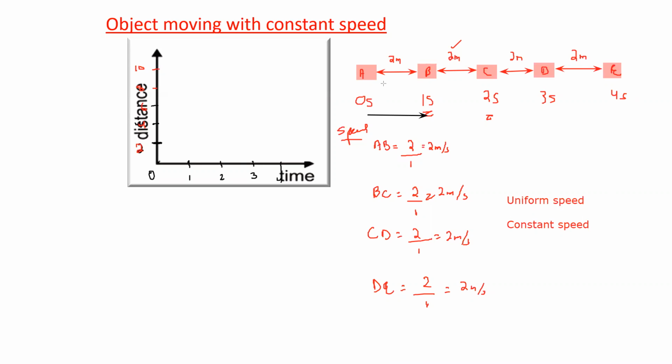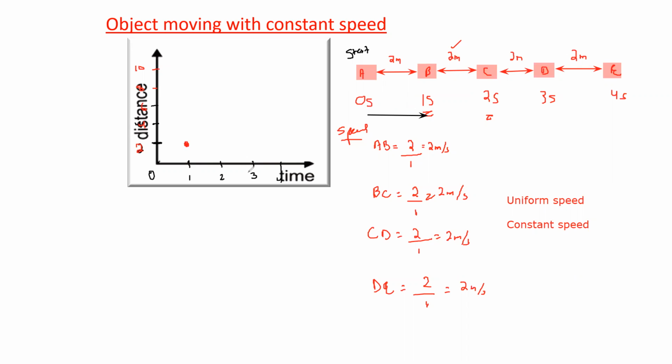After 1 second, it's 4, but before it's 2. This is a starting point. And after 1 second, it is at position B. So what is the distance traveled by the object after 1 second? 2 meters. So when the time is 1 second, the object is at the 2 meter mark.